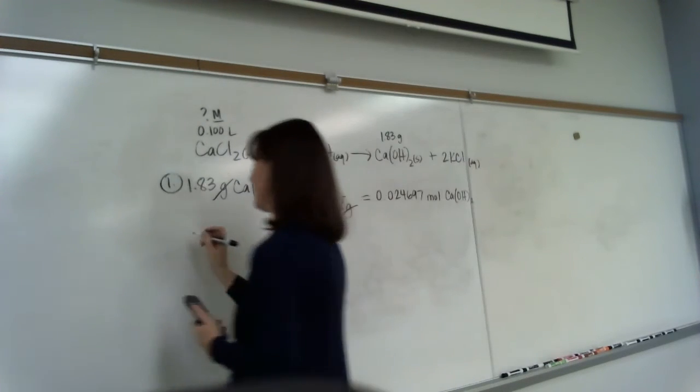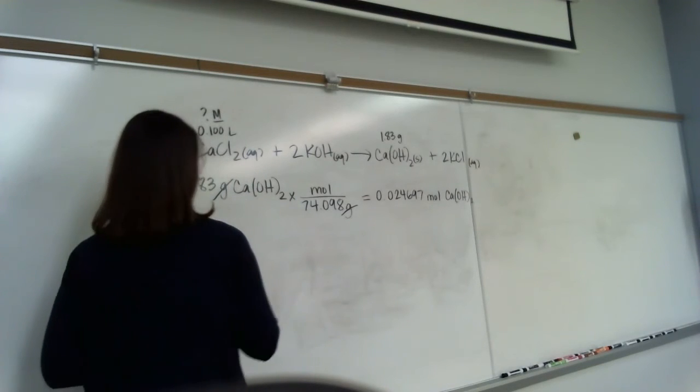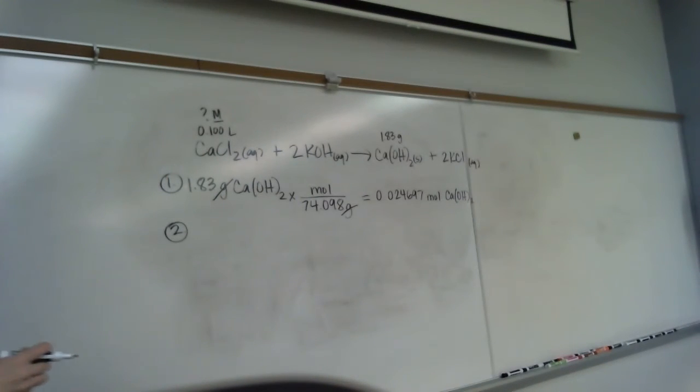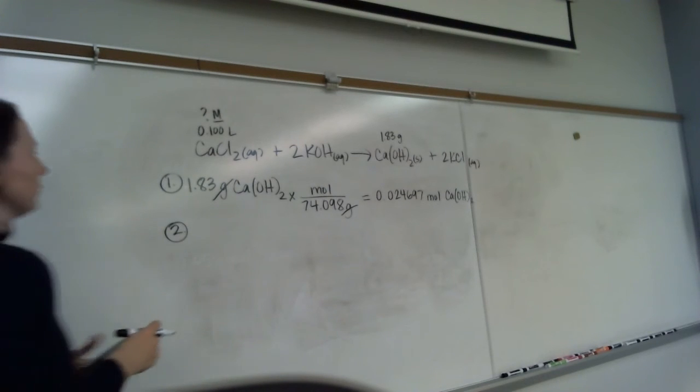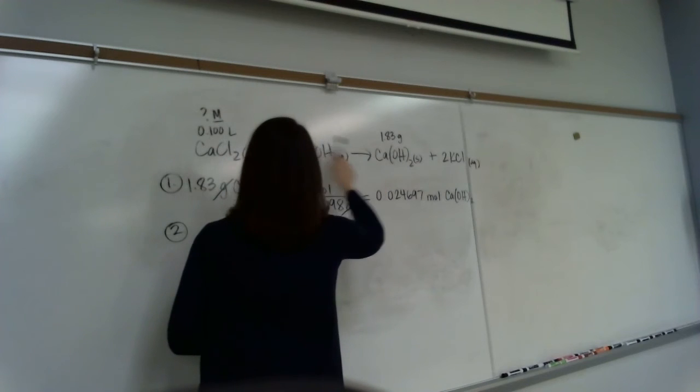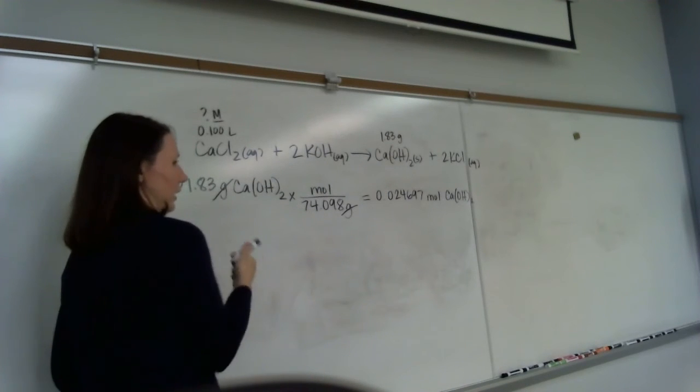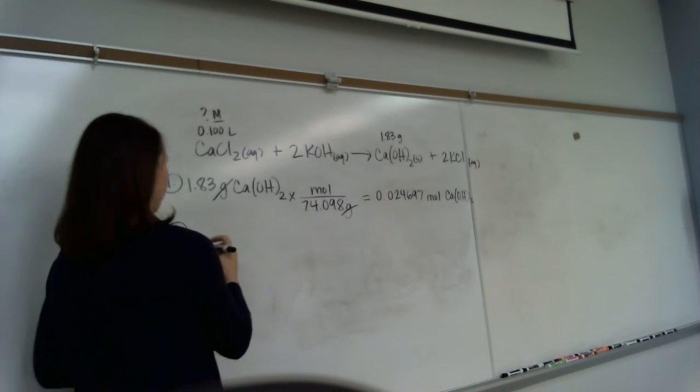Okay, what's step 2 of all stoichiometry problems? Any stoichiometry problem you do, step 2 is always going to be the mole ratio, right? So 1 to 1, the number isn't going to change, but my units are.